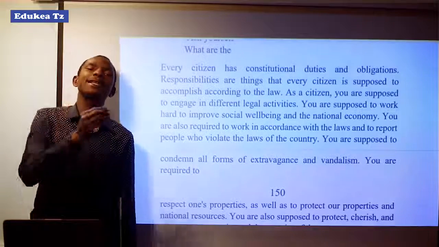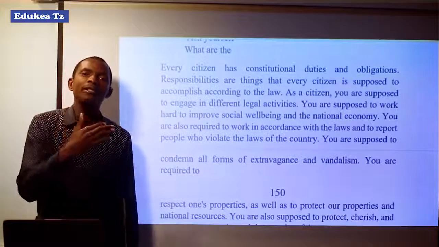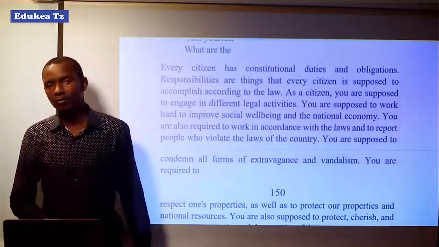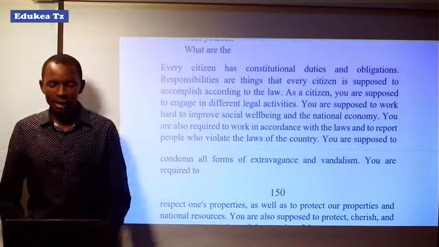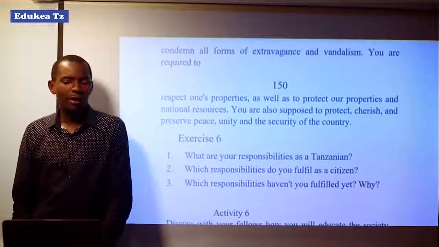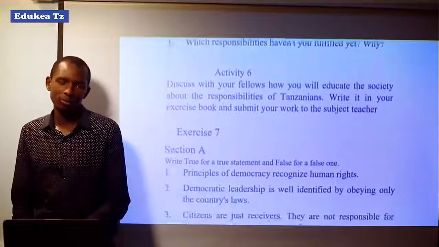A citizen is a person who belongs to a particular country. And we have several ways or types of citizenship. So you can pass through here to read those types of citizenship in our country.